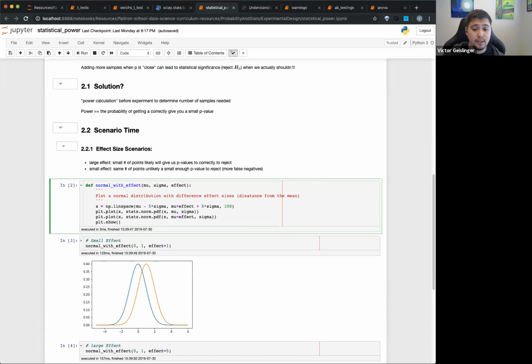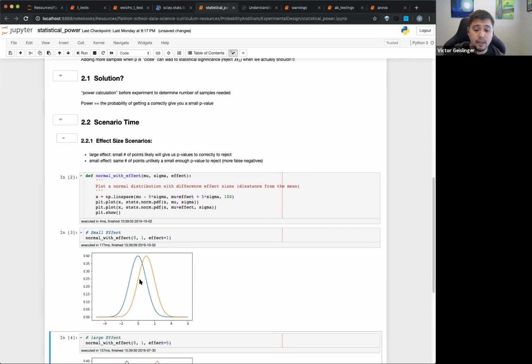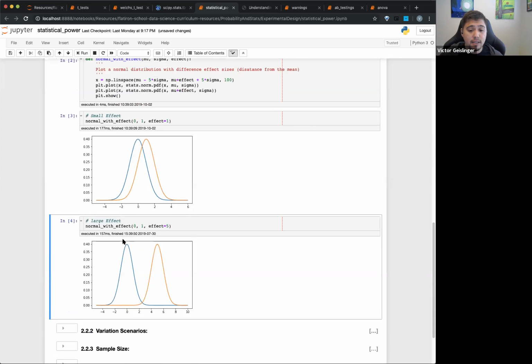Just looking at this right here, with a small effect you can see we have something that's relatively easy to make a mistake on, versus a large effect, where you're very unlikely to make a mistake. So your power's higher here versus over here.